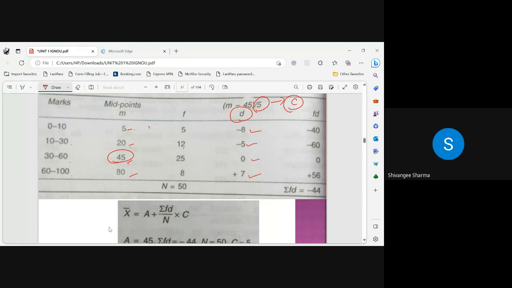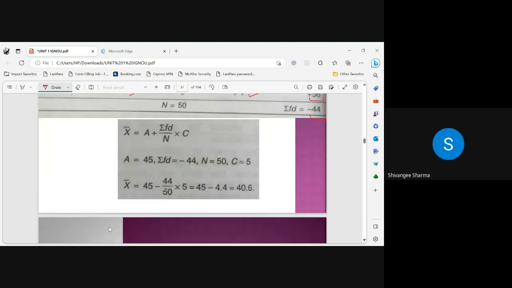Now the same thing, we multiply f with these deviations. So we multiply frequency with this: it will come minus 40, then 12 into minus 5 comes minus 60, 25 into 0 is 0, and 8 into 7 is 56. Then we add all these, we get minus 44, and the sum of frequency is 50.